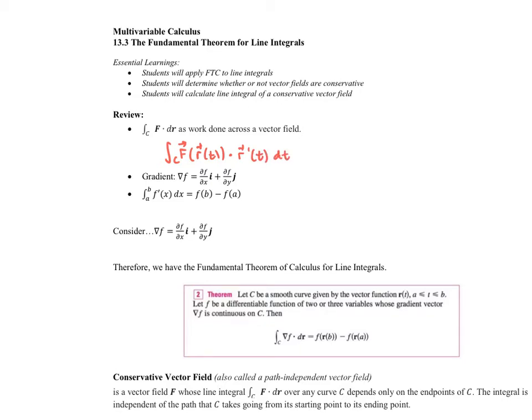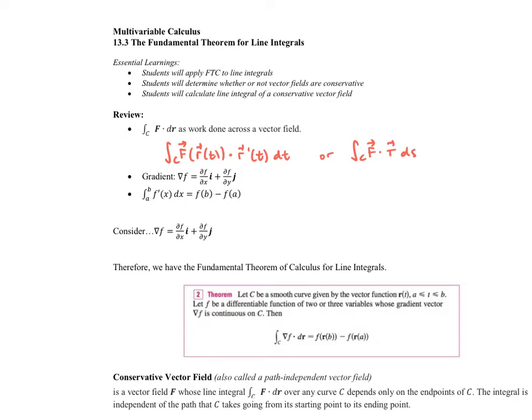We use that most often because it's differentiating with respect to t. But then we also have the one with respect to arc length, which is going to be utilizing the unit tangent vector. But again, that's just work done. So if you're doing the work done across a vector field, any one of those would be asking for that.